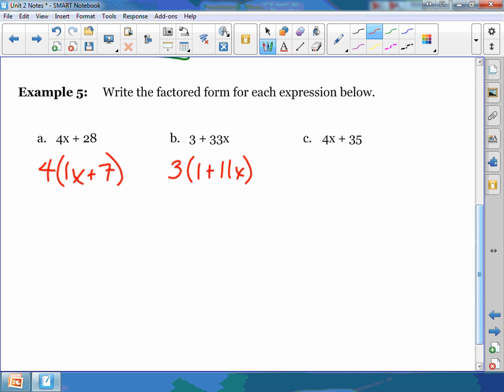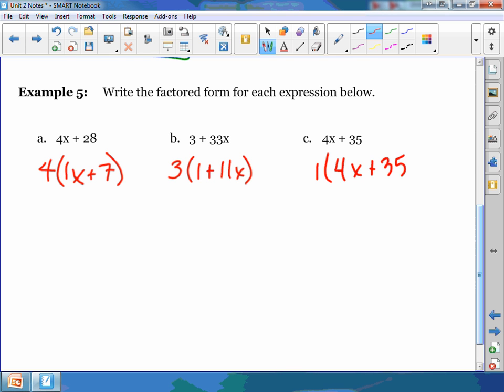But the problem here is on C. What's the issue with C? What do you run into here, Emerson? Yeah, you can't factor it. Why not? Besides 1. Now, if you can only find 1 as the common factor, then in our mind, we cannot factor that. So what a lot of people were doing was this.